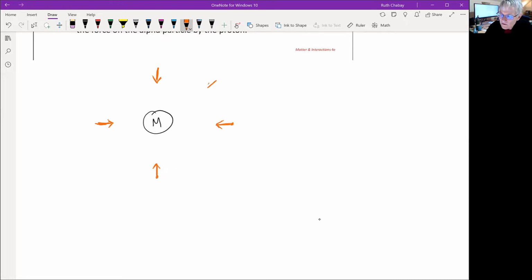So there'd be a gravitational field everywhere in space, and I'm drawing it in a 2D slice around this massive object. Say it's the sun, whatever, the Earth. And of course it would get smaller as we got farther away.